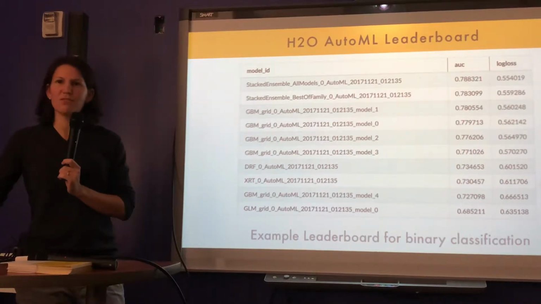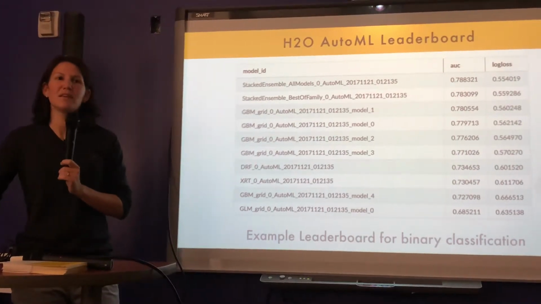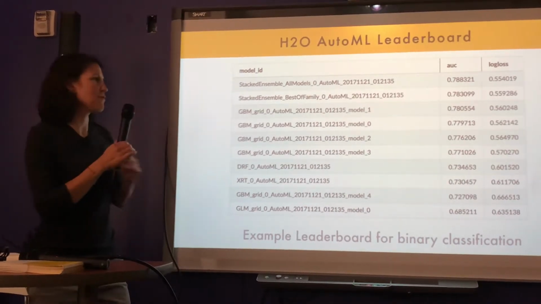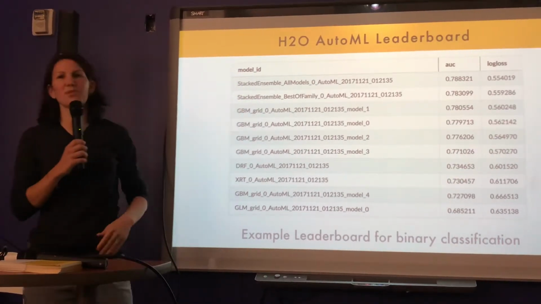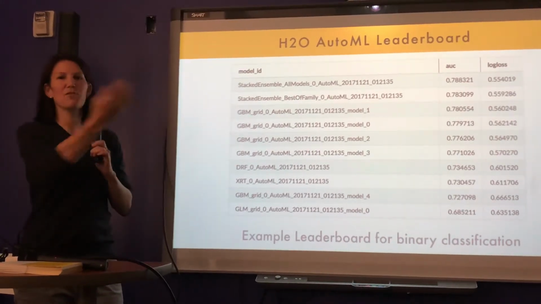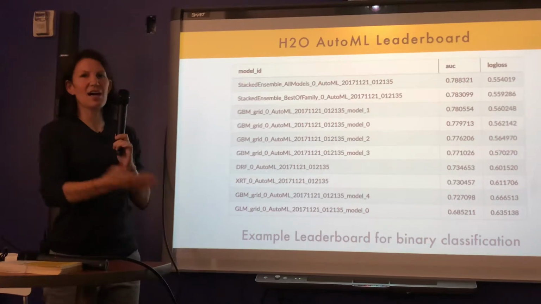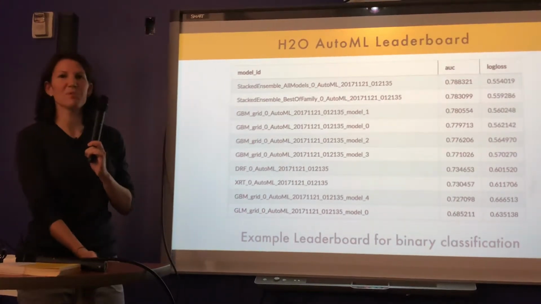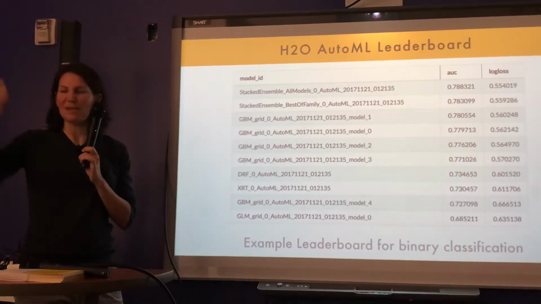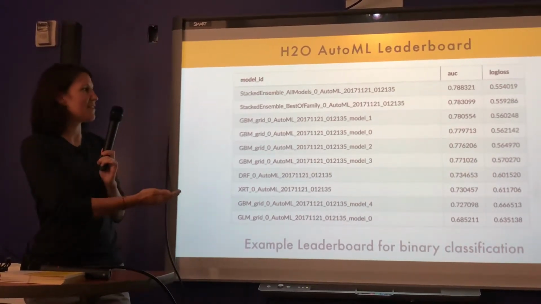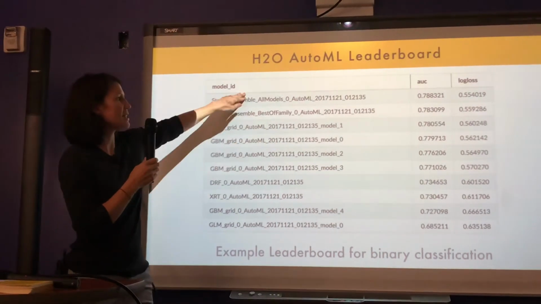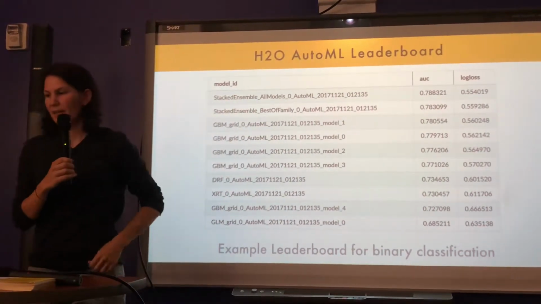Those of you who are familiar with Kaggle might have some sense of what this performance gain is, because on the Kaggle leaderboard you'll go out to 4 decimal places, and there will be 100 slots on the leaderboard. So people are just fighting over those 4th and 5th decimal places to win. So this is actually a pretty significant improvement from this single model to the stacked ensemble in that context.